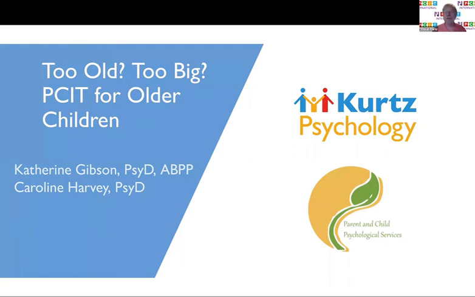We have downward modifications with the toddler protocol. And what is it we do with the older kids? Cheryl McNeil wrote the first chapter that many of us refer to in the original handbook, textbook on PCIT. And Kate and Caroline have done a great job developing this and making it more user-friendly for us to use.